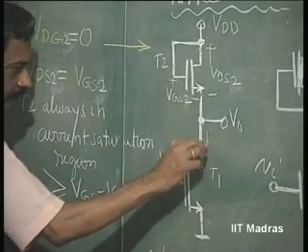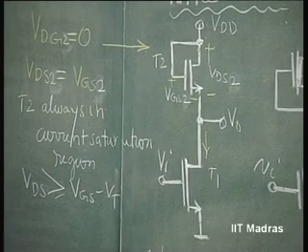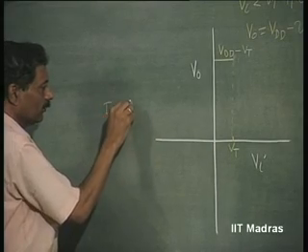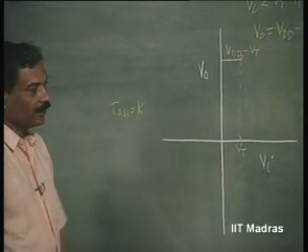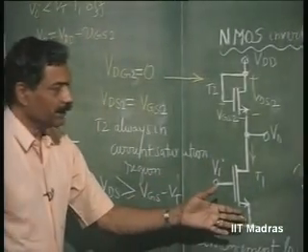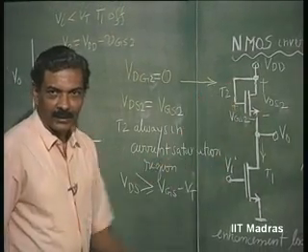this, how much is that? Current in this is going to be IDS1 is going to be K. The K of this MOSFET is assumed to be the same as K of this MOSFET, because these are identical.